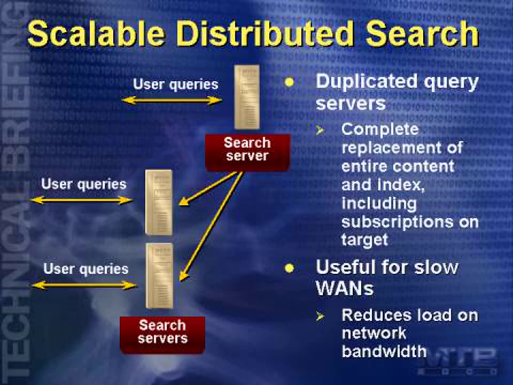Or if you have such a large number of users who are querying a single machine, you may want to load balance some of that across a number of search servers. And what we allow you to do is to duplicate your search server exactly. And by exactly, I mean it's a complete replacement of all the content and the index, including subscriptions on the target machine. And then you can issue queries against those individual search servers.